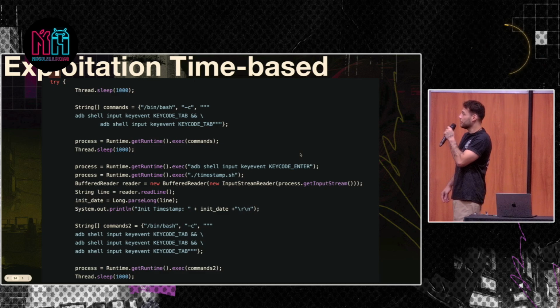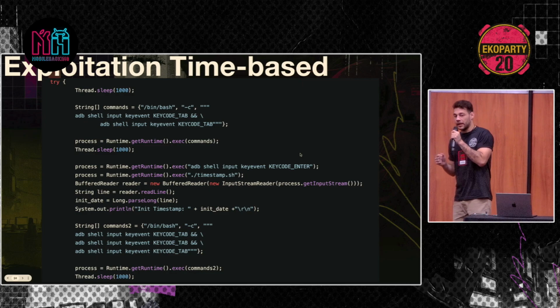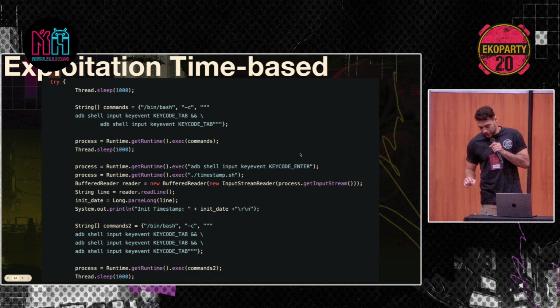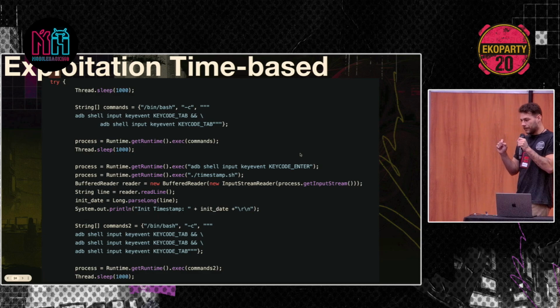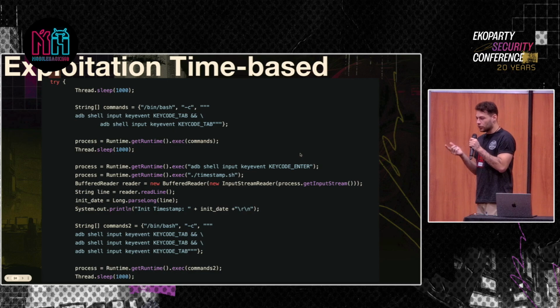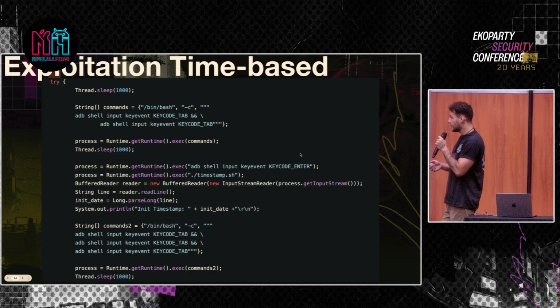I'm using getRuntime to execute some bin bash commands and use ADB again to interact with the application. This exploit will open the application and input a number, trying to guess the secret value, the number we have to guess.